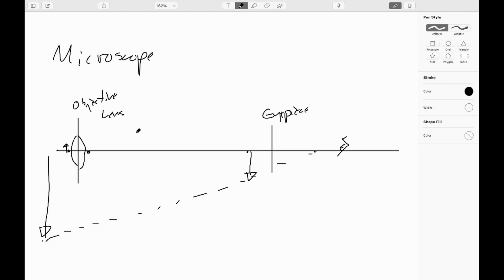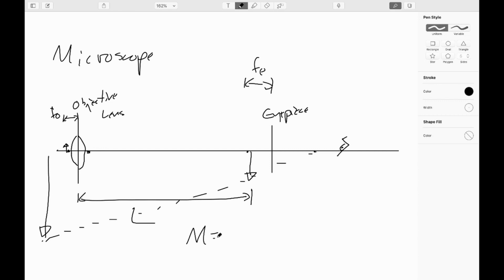Anyway, this distance here from the objective lens to the focal point of the eyepiece is the tube length L. In biological microscopes, that's a standardized thing. So this would be the focal length of the eyepiece. This would be the focal length of the objective here. So we can already see the image is upside down.